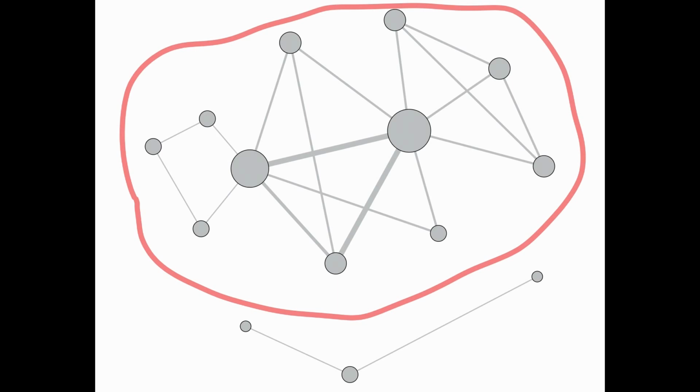For example, if you want a 2-core component, then that means we want to narrow down from this component to only keep those nodes with 2 or more degree. And in this case, we see every node in this component has 2 or more degree. And so everybody remains in this component.